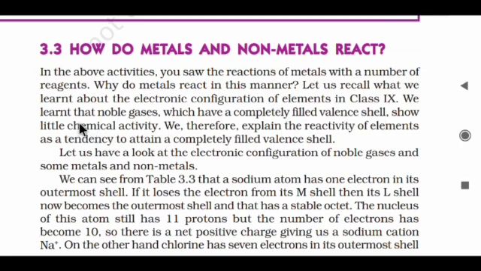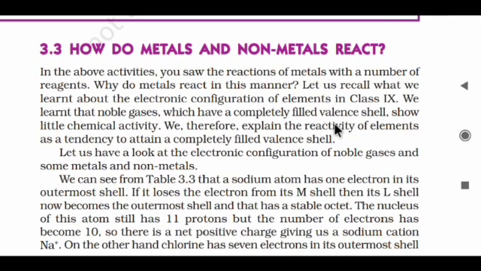Noble gases show little chemical activity. We therefore explain the reactivity of an element as a tendency to attain a completely filled valence shell. Reactivity means the ability to completely fill the valence shell. Suppose an atom has two extra electrons in the outer shell.